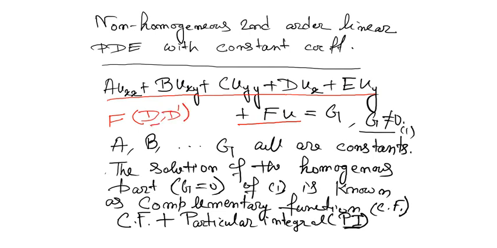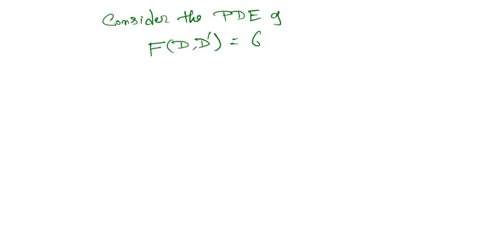You know what is D and D dash. D is del x and D dash is del y. So this is equal to this left hand side, and in short we consider the PDE as f of D, D dash z equal to g.